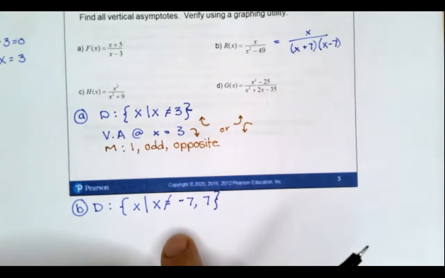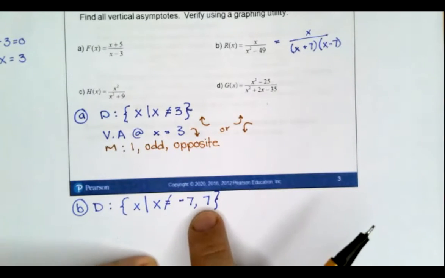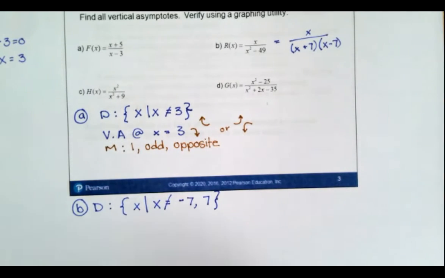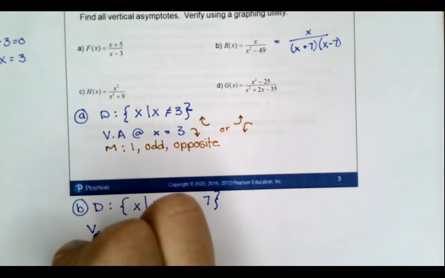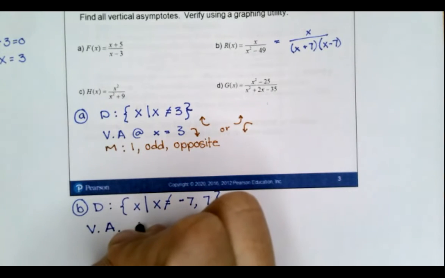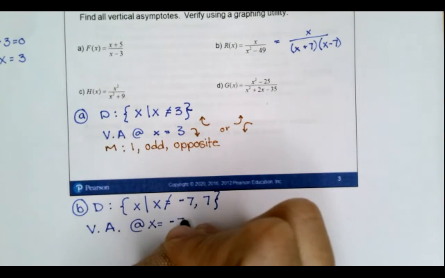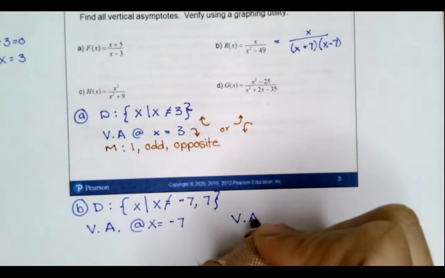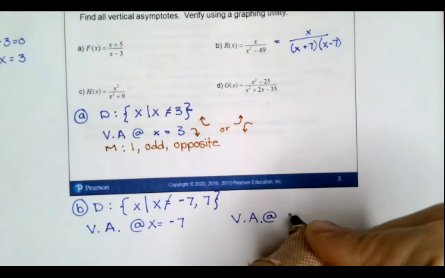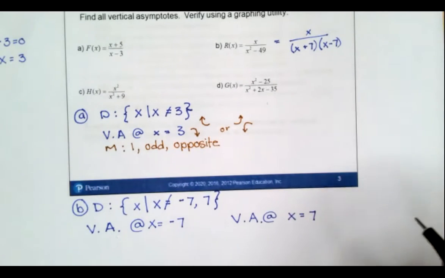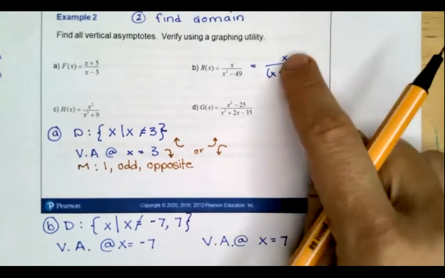So we are excluding a negative 7 and a positive 7 from our domain. That means we have two vertical asymptotes, a vertical asymptote at x equals negative 7, a vertical asymptote at x equals positive 7. Look at each of them individually.